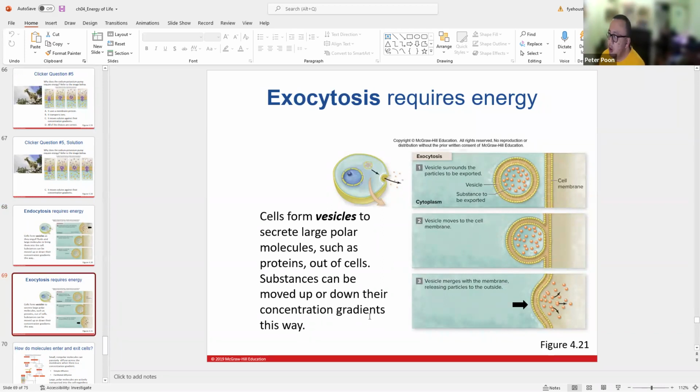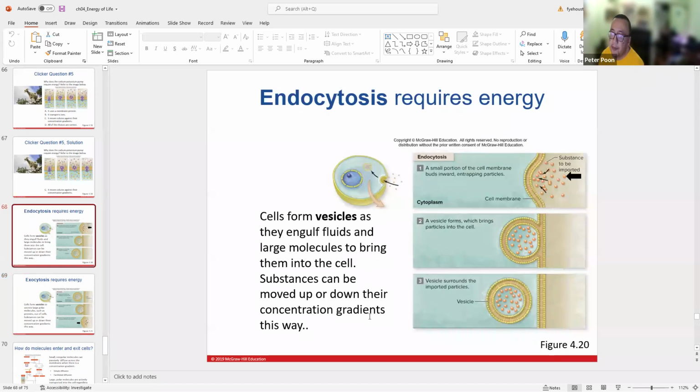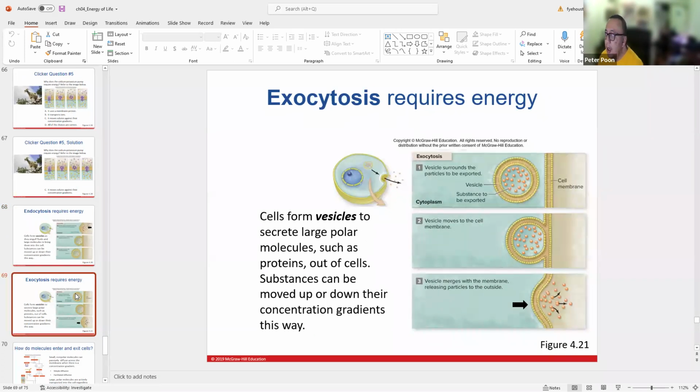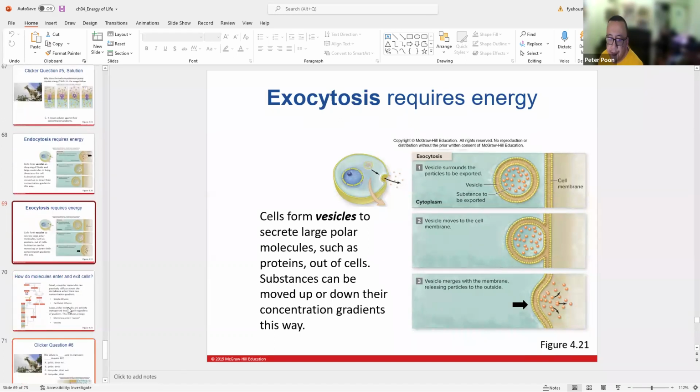You're moving big chunks outside the cell, and this requires energy. So here, I bring things in by folding in the membrane into a circle, and that circle is now called a vesicle. Okay, I can also make a vesicle and get things to leave the membrane.